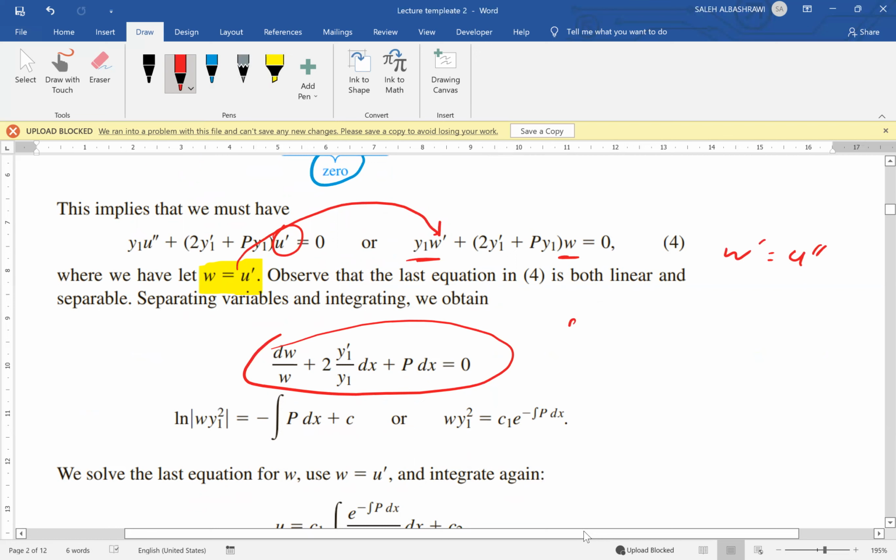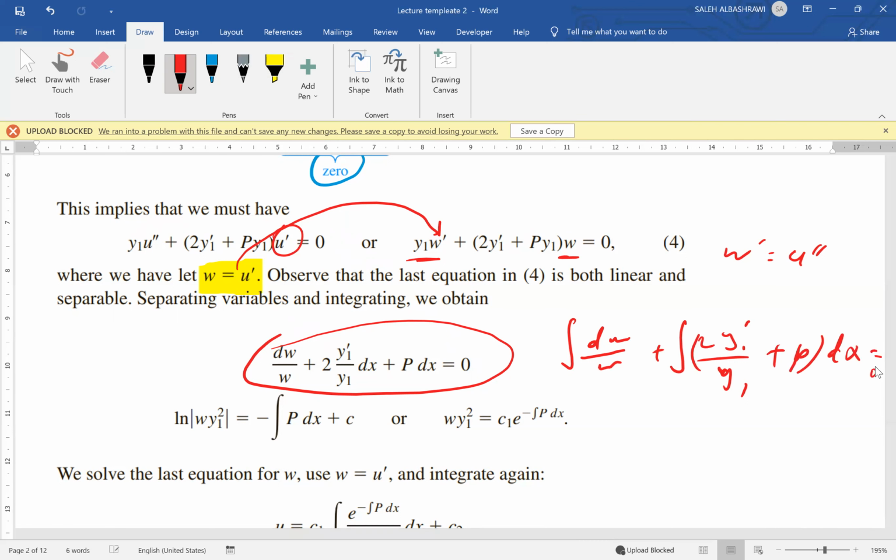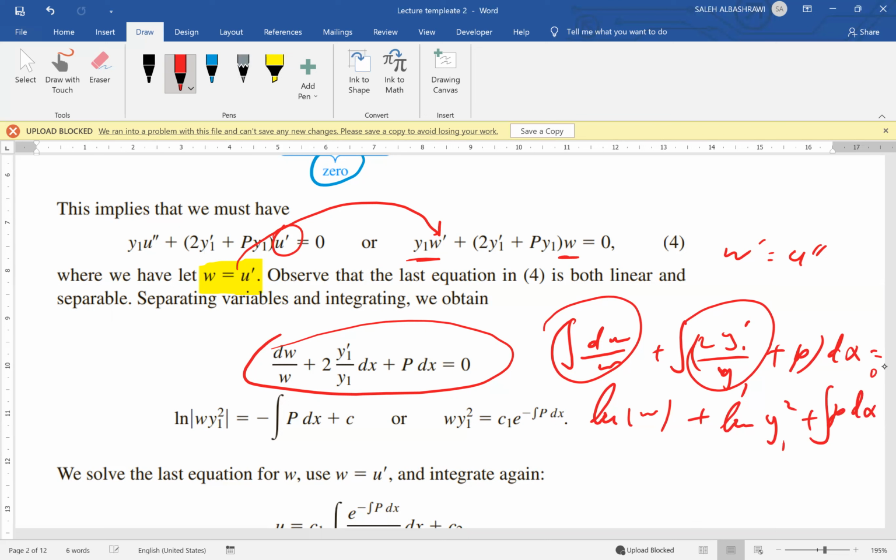I can integrate dw over w plus the integration of 2 y1 prime divided by y1 plus b dx equal to 0. This is equal to ln of w plus ln of y1 squared plus the integration of b dx.